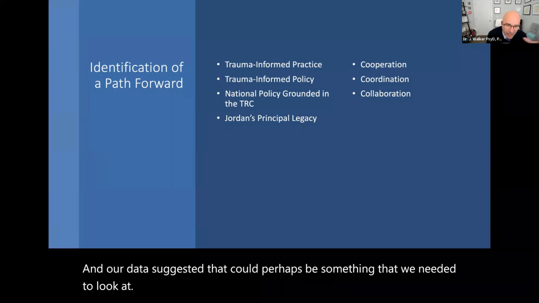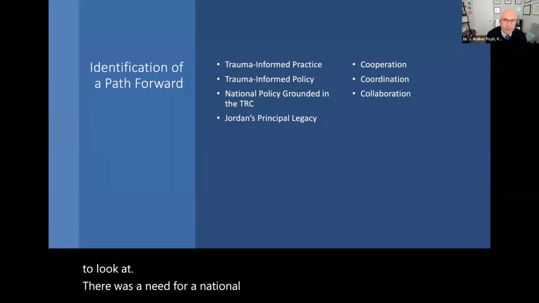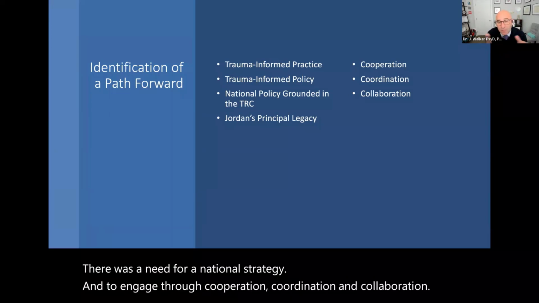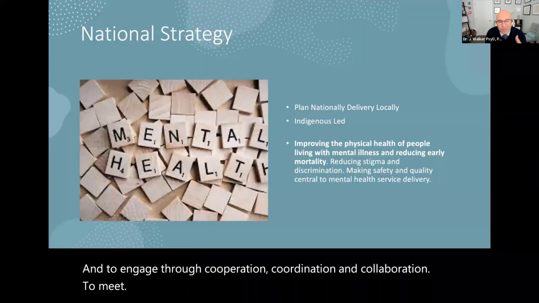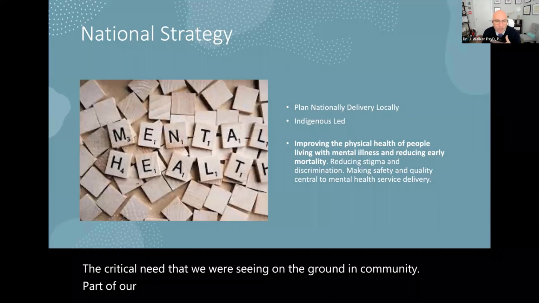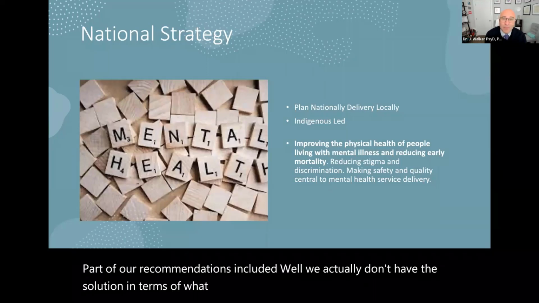There was a need for a national strategy and to engage through cooperation, coordination, and collaboration to meet the critical need that we were seeing on the ground in community. Part of our recommendations included, well, we actually don't have a solution in terms of what it looks like. We have the data to say we need a national strategy.